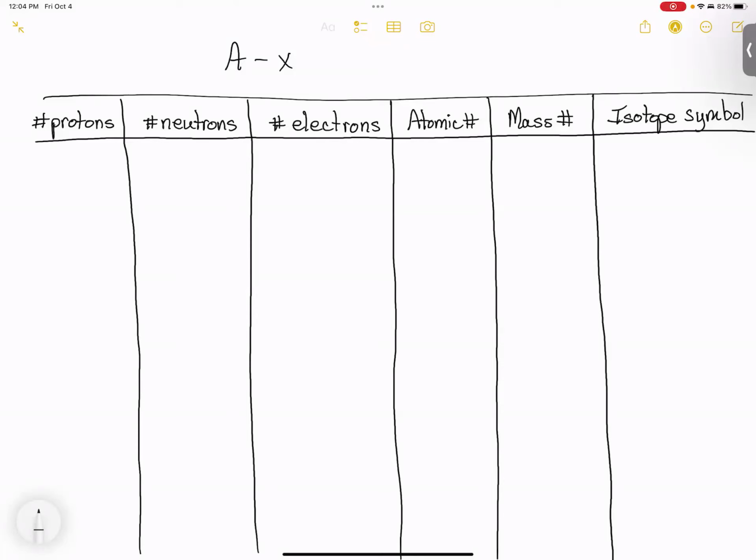Okay. Let's say I have erbium-170. I want you to fill in all of the rest of the pieces. The first thing you're going to do is go find erbium on the periodic table.